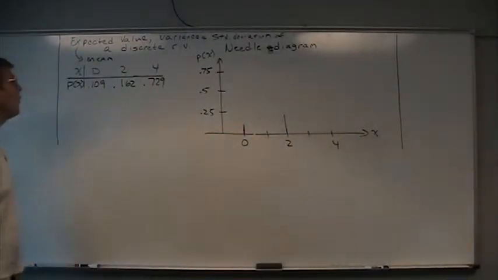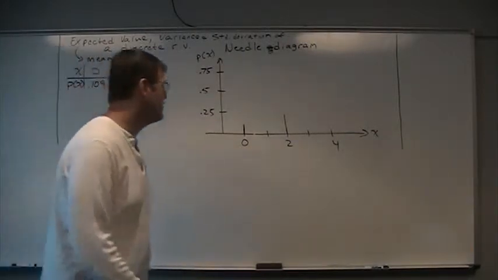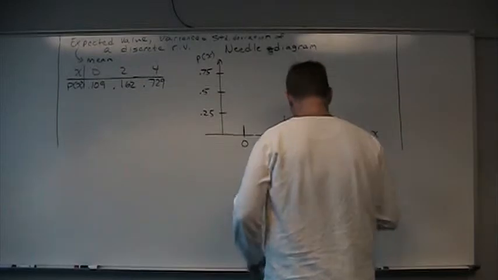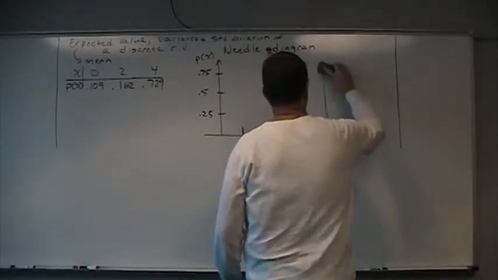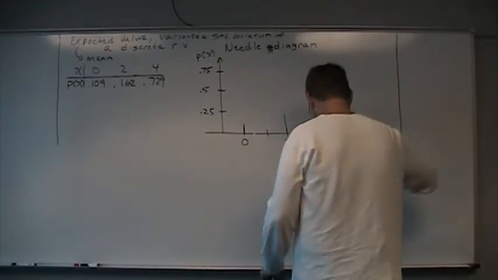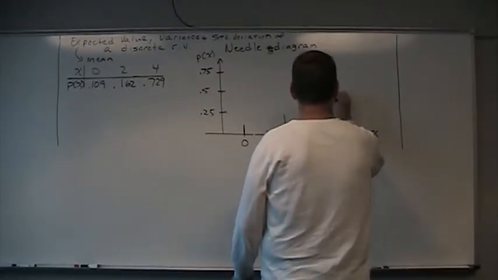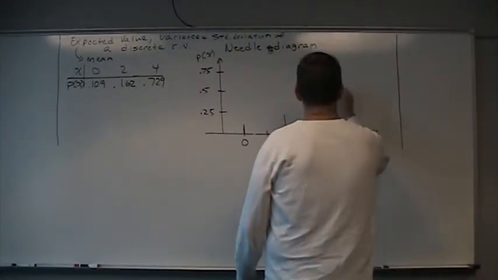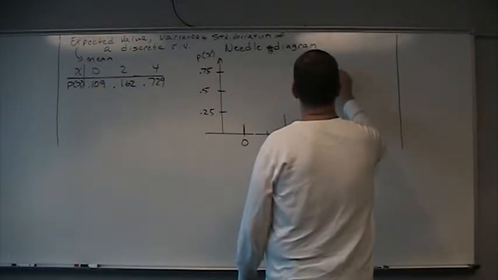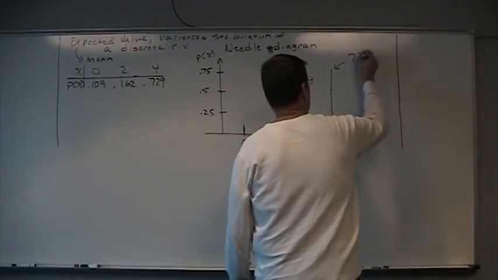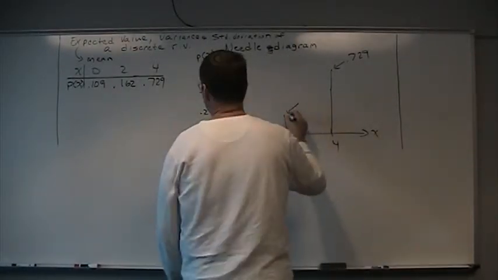And then for 4, the probability is 0.729, so that's certainly going to be, no, that's not going to be a straight line, even though it should be. Let's try that again. We'll do a straight line. Oh boy, I just can't draw right now, but we'll take this up to right about there, which is about 0.729. So let me put these in here so that you know these heights.